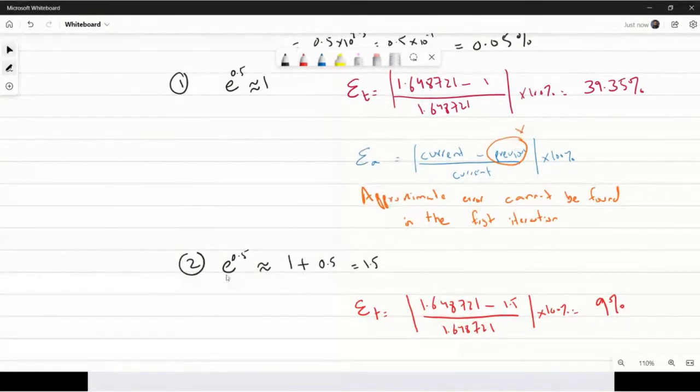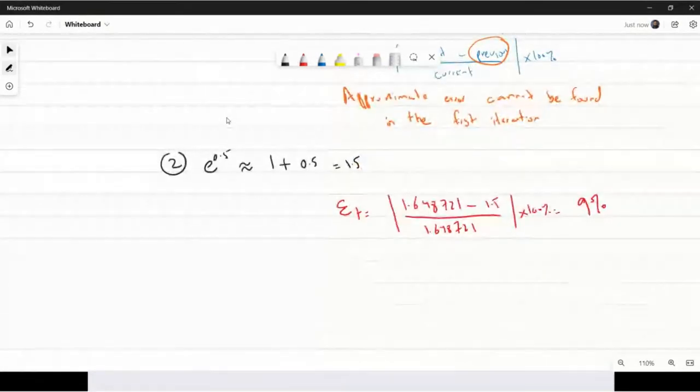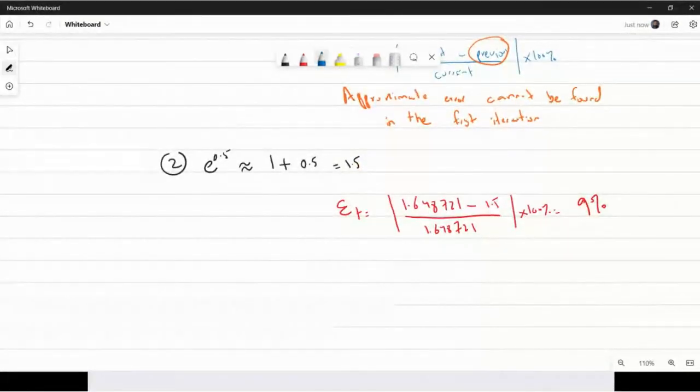Now we found the value for the true error, and we can also now find the value for the approximate error because we have a previous value. The current value is 1.5. The previous value was 1 divided by the current value because we expect that whatever we found now is better than what we had in the previous iteration.